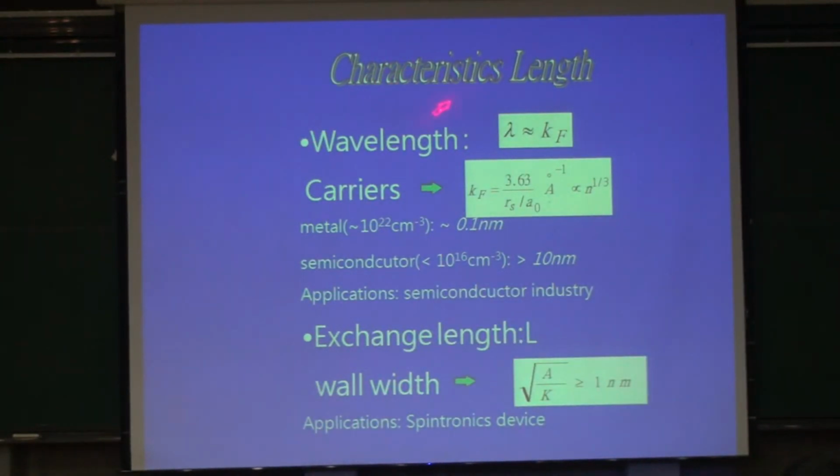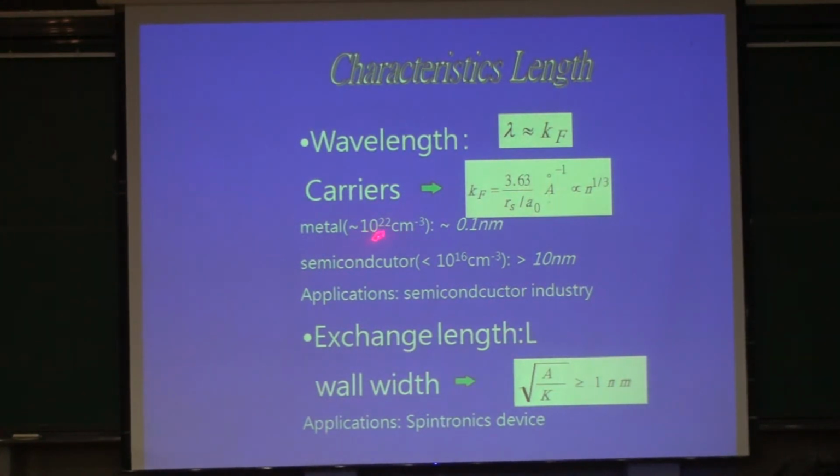Why was this effect never observed before, but only in 1988? If you look at fundamental solid state theory, the characteristic wavelength is related to the Fermi wave vector, which depends on the cubic root of the carrier concentration. For a metal, the carrier concentration is usually about 10^22 per cubic centimeter.